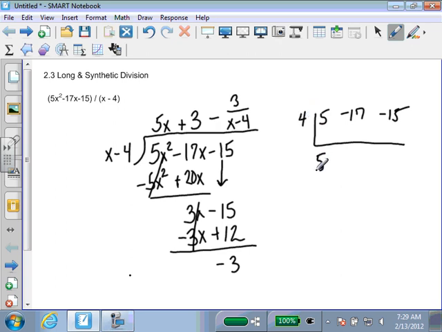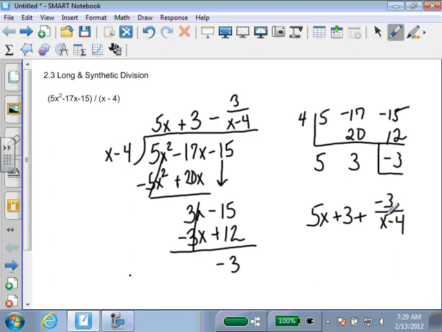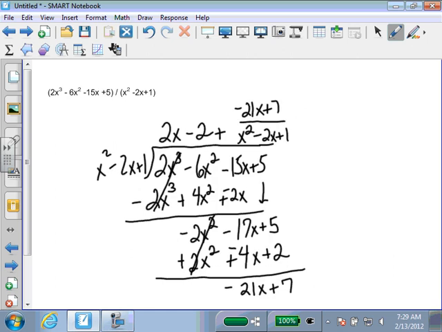So we bring down a 5, 20, we add, we get 3, 12, we add, we get negative 3. This was a second degree, so our quotient is a first degree, 5x plus 3, with a remainder of negative 3, so plus negative 3 over x minus 4. Same answer.